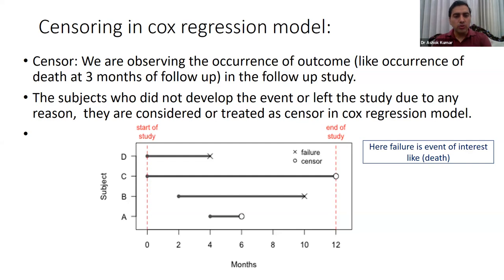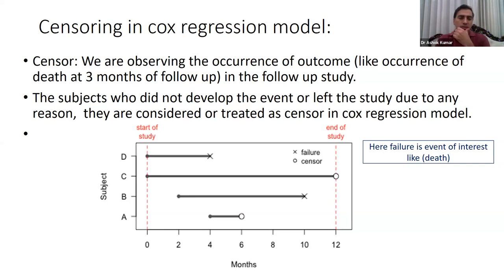So what is censoring? The subject who did not develop the event of interest until 3 months, until completion of the follow-up, is censored. Or a subject who left the study in between due to any reason is also treated as censored in Cox regression model.